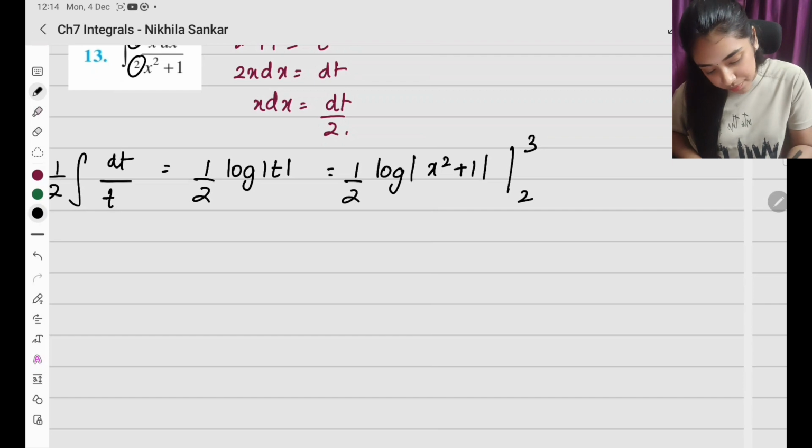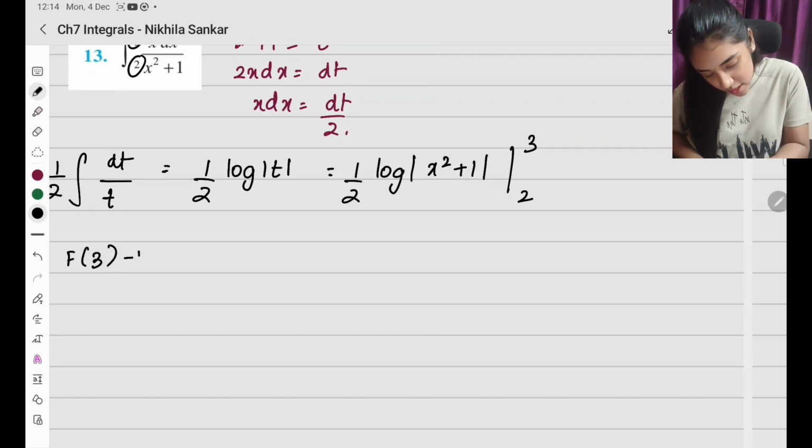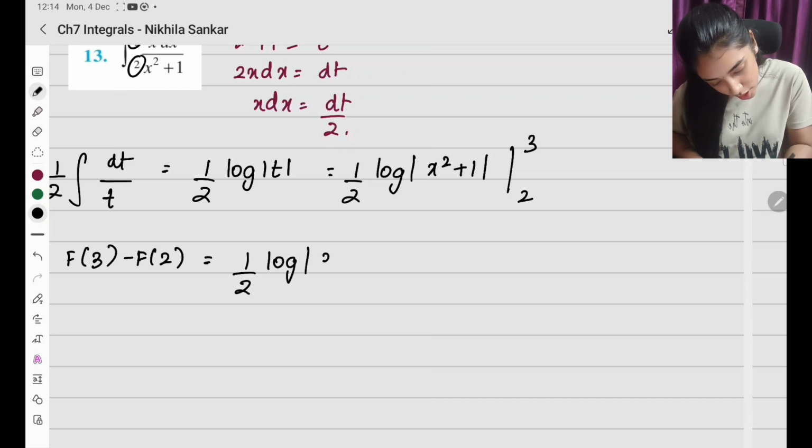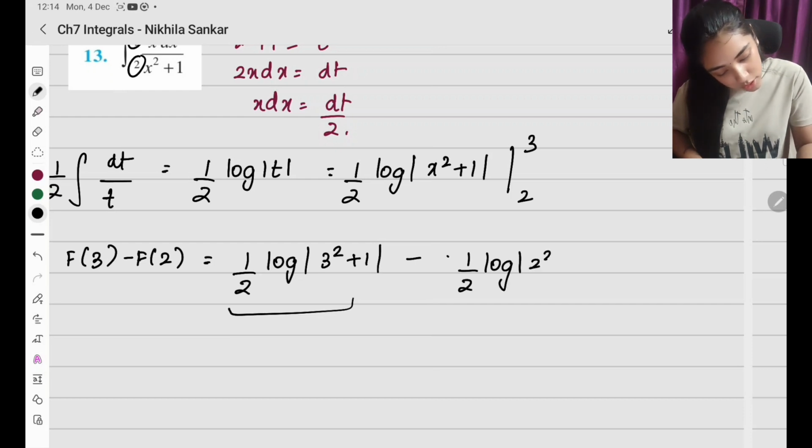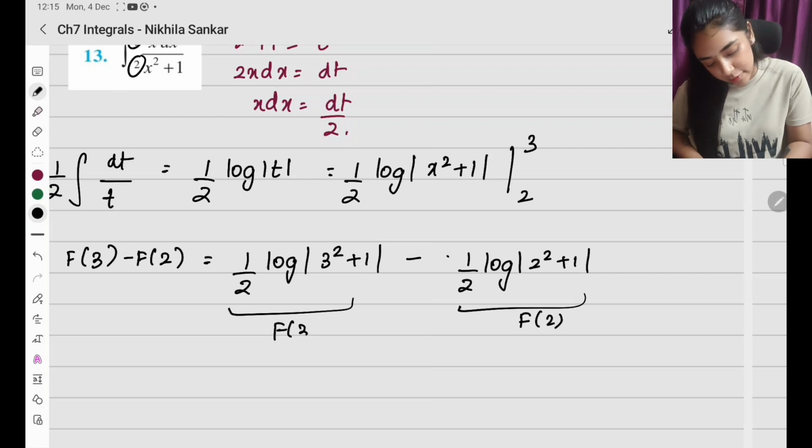Okay. Now f of 3 minus f of 2 is going to be half log mod 3 square plus 1 minus, this is f of 3, half log mod 2 square plus 1. So this is f of 2. This is f of 3. Okay.